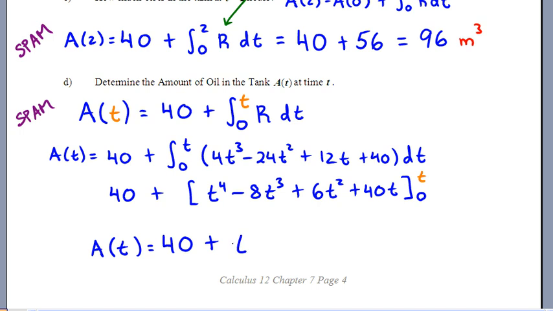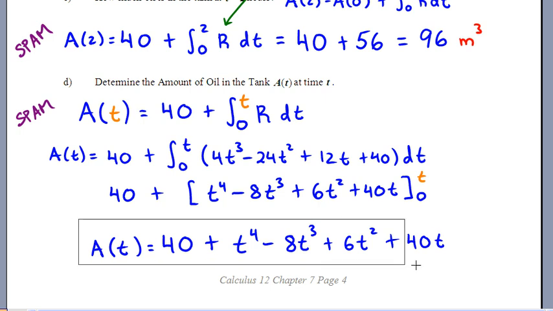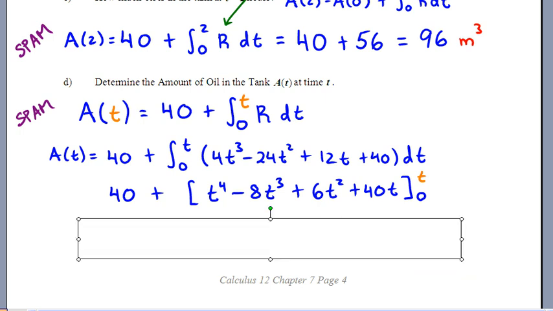So I would have t to the 4th minus 8t cubed plus 6t squared plus 40t. That's a machine that'll tell you the amount anytime you want to go and check it.